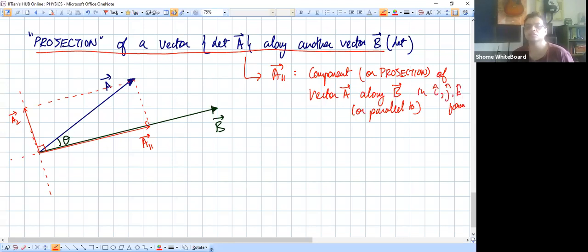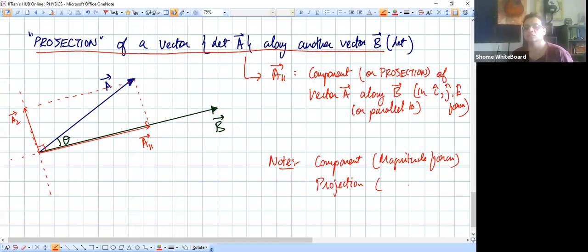When we say projection, we don't mean just the magnitude. Okay, when we say component, we mean the magnitude. So usually the term component refers to magnitude form, and the word projection refers to vector form. I'll explain with an example and then you'll understand.